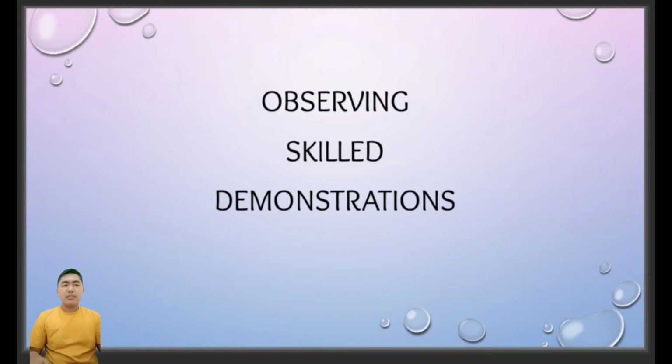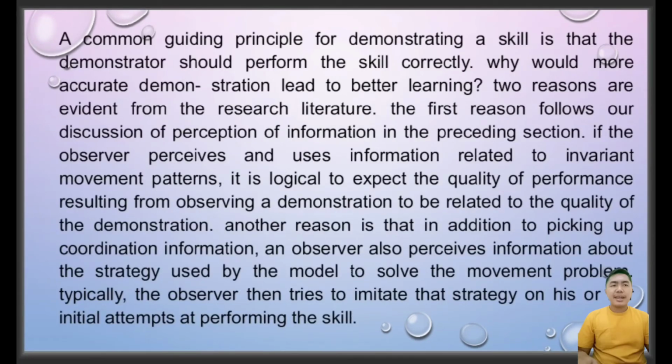Next is observing skill demonstration. A common guiding principle for demonstrating a skill is that the demonstrator should perform the skill correctly. Why would more accurate demonstration lead to better learning? Two reasons are evident from the research literature.